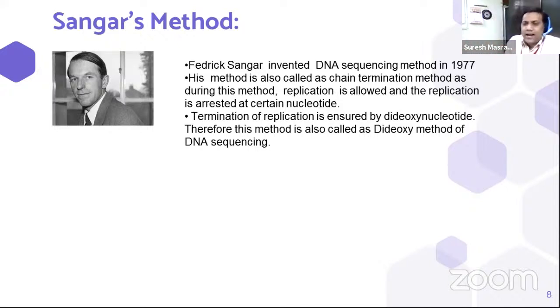Now, how did he arrest DNA at the different places? When he added everything to undergo the replication, alongside all this material he also adds a dideoxynucleotide. This dideoxynucleotide is a specialized molecule, which has hydrogen instead of a hydroxyl group over the third carbon atom on deoxyribose. You know, in deoxyribose, the third and fifth carbon atoms provide the hydroxyl group for the bonding.